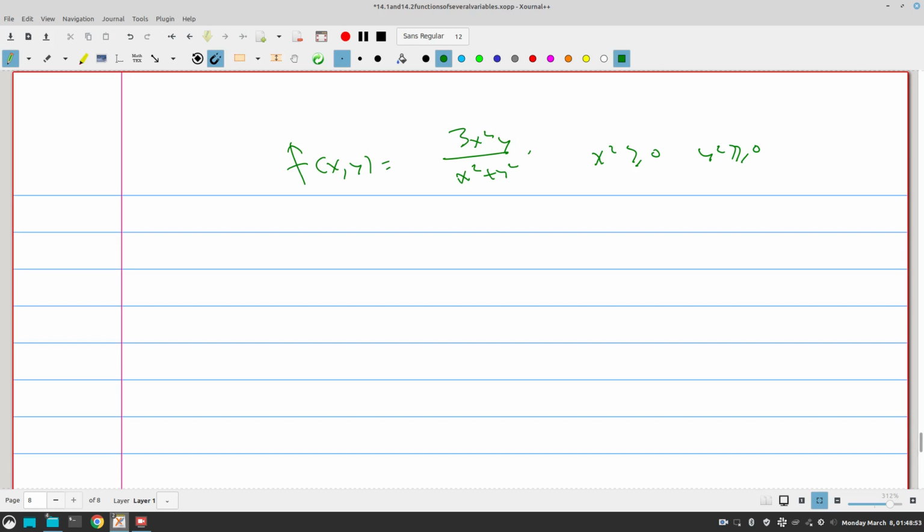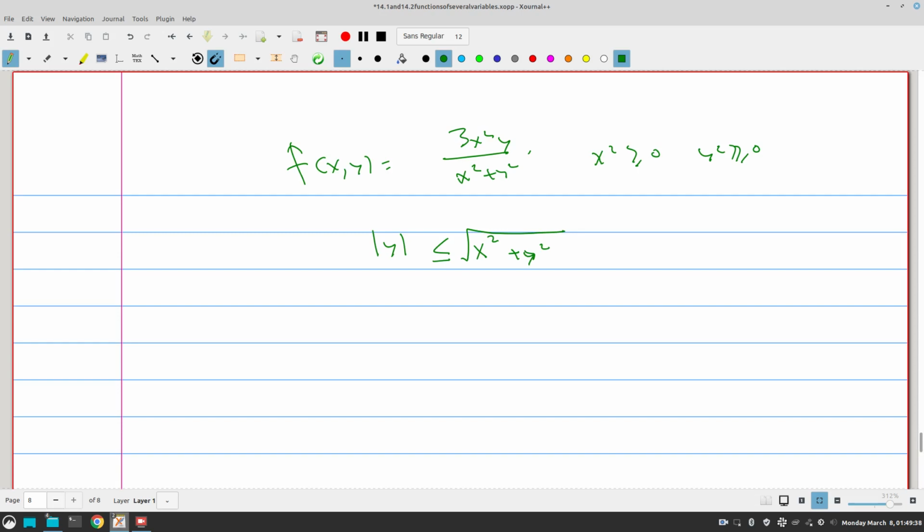This tells me that the modulus of y is less than or equal to the square root of x squared plus y squared, which is less than or equal to x squared plus y squared.